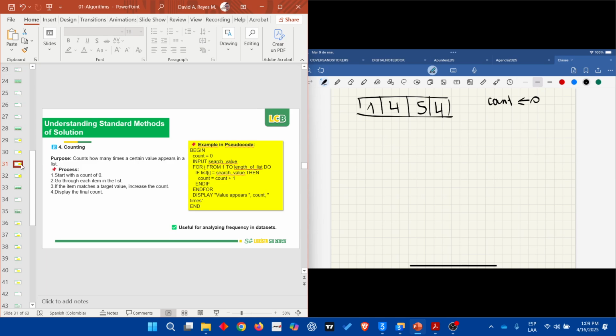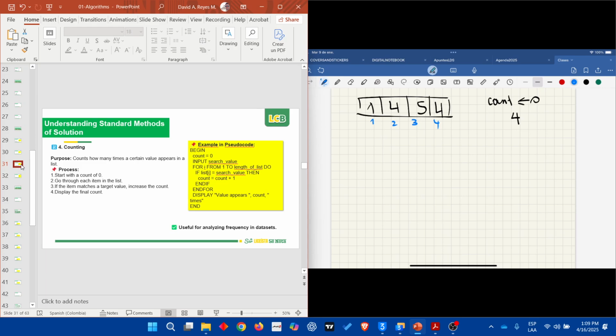Let's suppose that we are going to look for the number 4. So we loop from 1 to the length of the list. Here we start at 1 and the length of the list is 4. So we are going to move through this list, starting at 1 and finishing at 4.